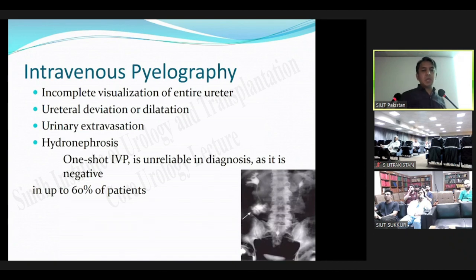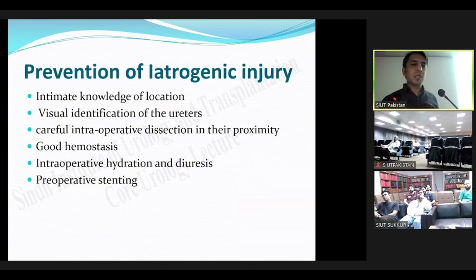But IVP is unreliable for diagnosis as it can be negative. Like it is written in a book, when intraoperatively there is a suspicion of ureter injury, you can perform a single-shot IVP, but that's unreliable as it is negative in 60% of patients.